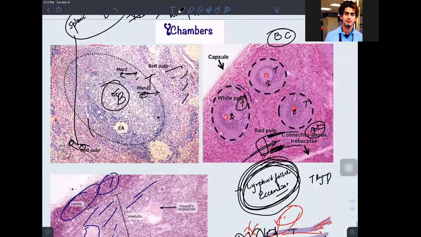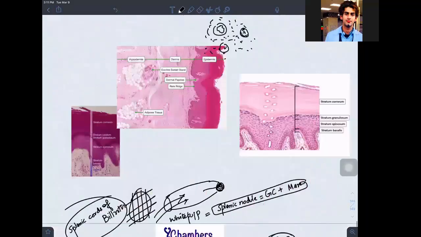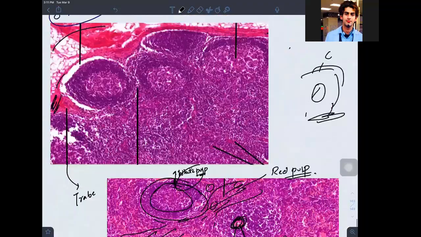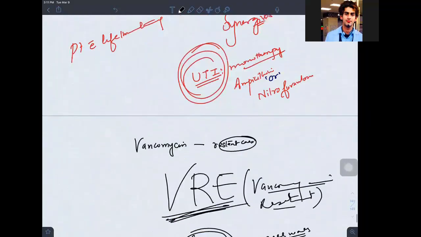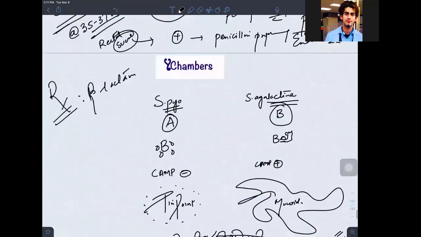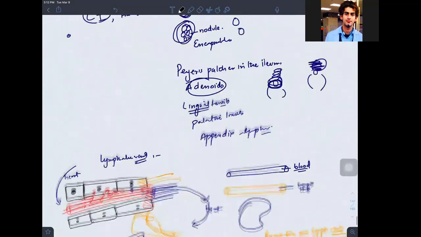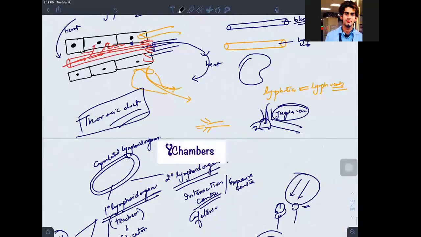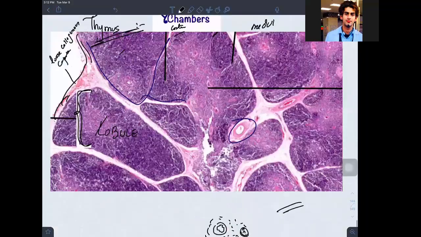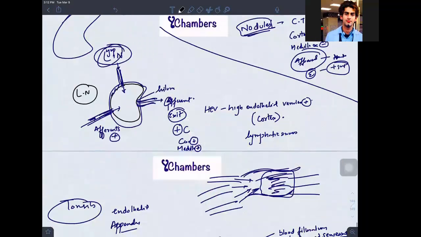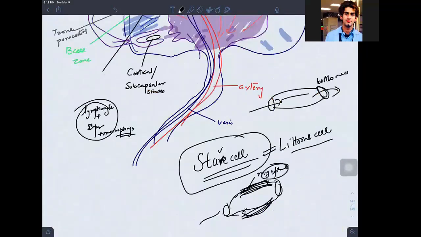Let us talk about the last topic in this image. Yesterday we forgot to tell you, that is the tonsil. I don't have an image here, but tonsil has the same.